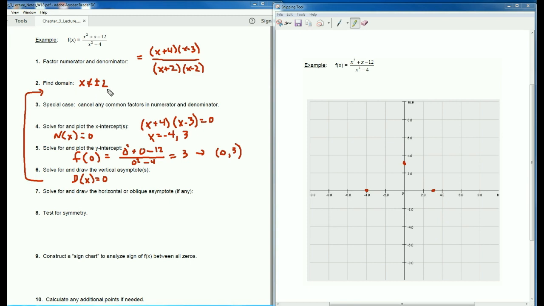So in other words, the vertical asymptotes are going to be the lines x equals -2 and 2. All right, we can go ahead and add those to the plot. So you're going to have a vertical line at x equals -2 and a vertical line at x equals +2.